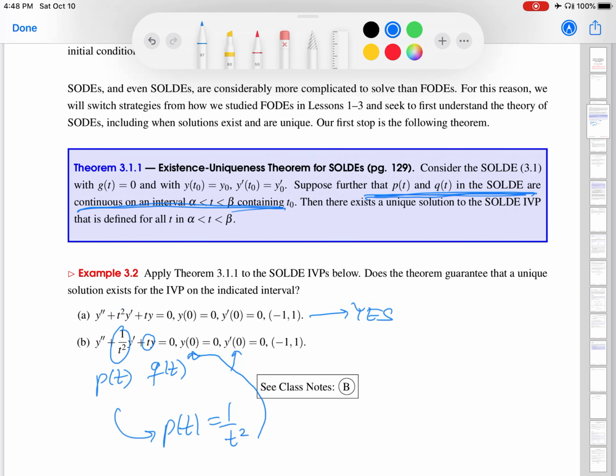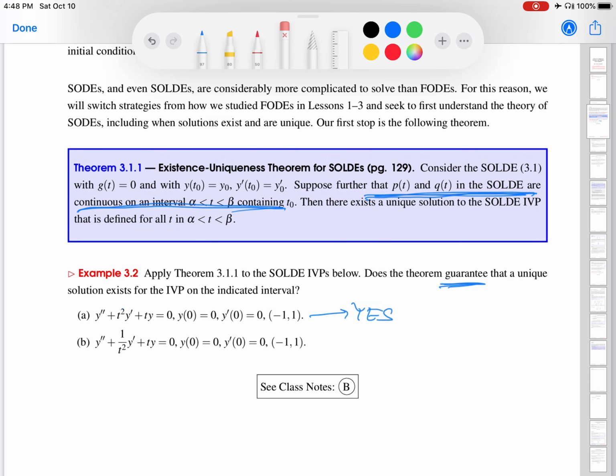This theorem does not guarantee that a unique solution exists. It may still exist, but we just can't conclude it from this theorem because one of the hypotheses of the theorem, the condition on the P of t and Q of t functions being continuous, is not satisfied. So for this one, no.